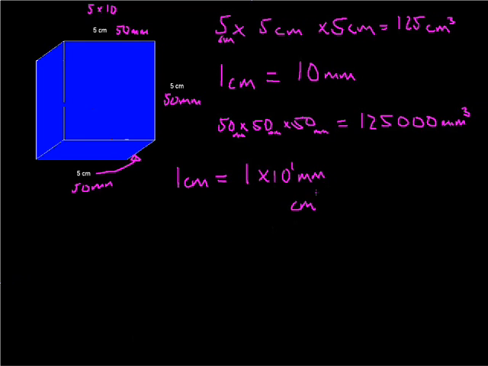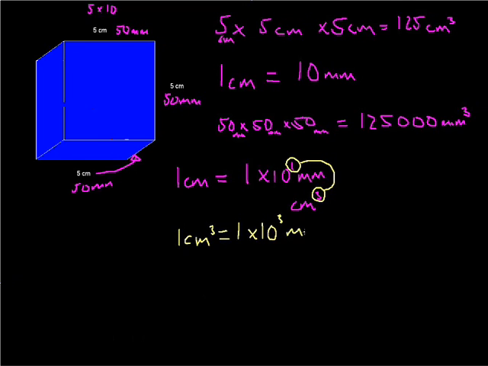You take the cube part and the power in scientific notation of your conversion factor, and you multiply them together. And this time we're multiplying by 3 instead of 2. So 1 centimeter cubed equals 1 times 10 to the 3 millimeters cubed.